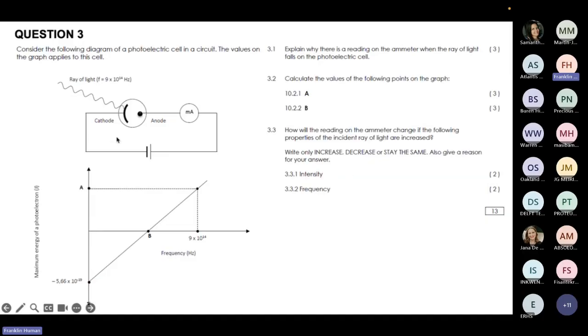So there we have, and again, this is that same simulation, just in a different form. You have incident light onto the cathode over here, and in this case they give the frequency of the light.